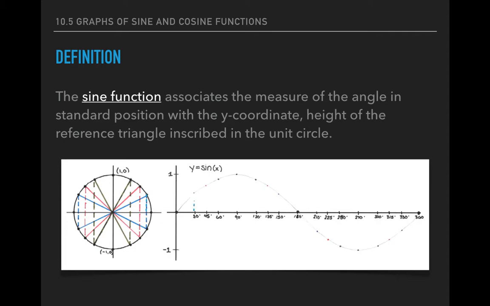So this little 30-degree angle matches the height of the 30-degree reference angle. This 45-degree angle matches that in the unit circle, and the 60-degree matches the 60 in the unit circle. 90 is going to have a height of 1, which is just the length of the radius of your circle.